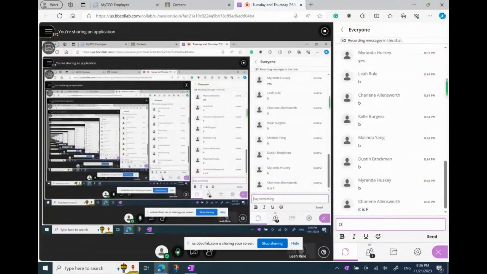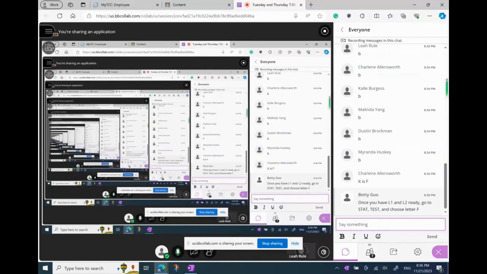So once you have L1 and L2 ready, go to stat, test, and choose letter F. Yeah, that's the function we need to apply.